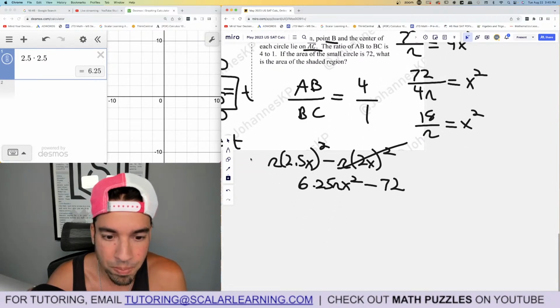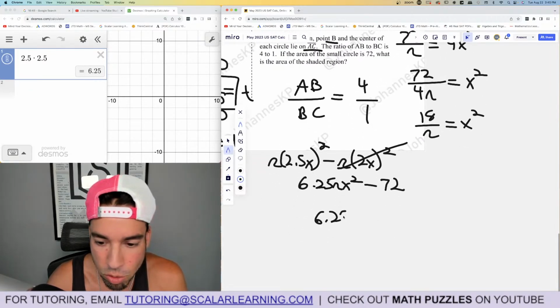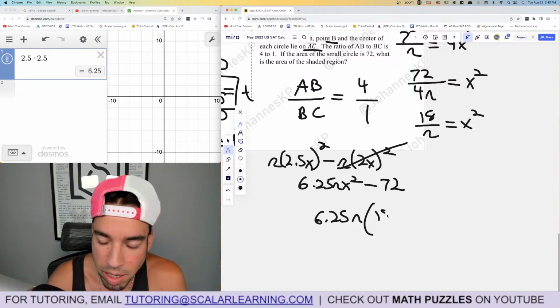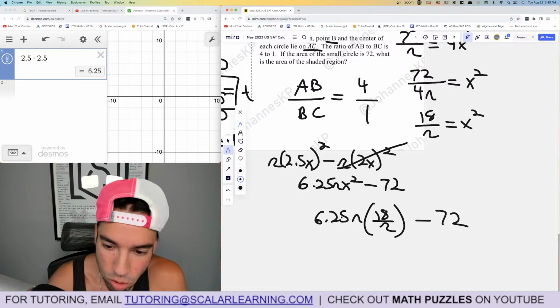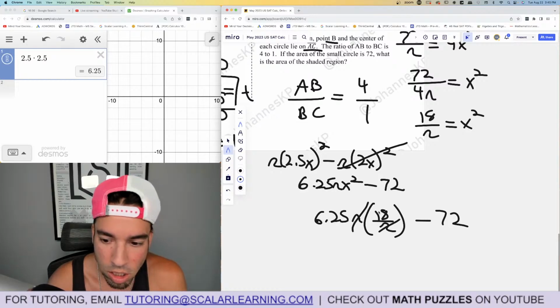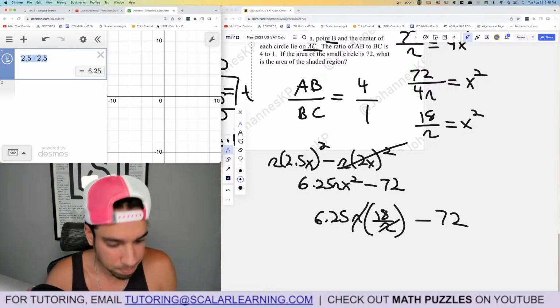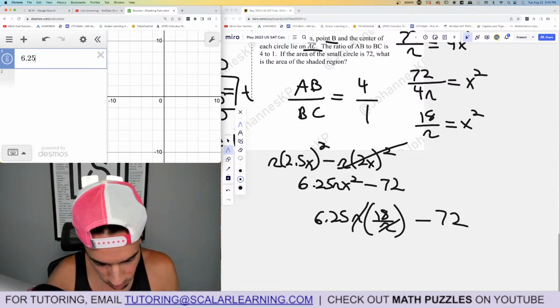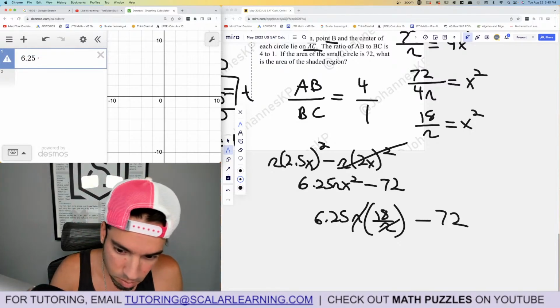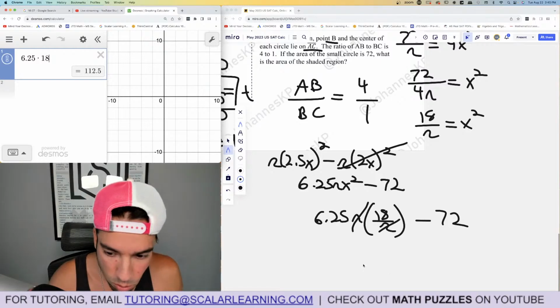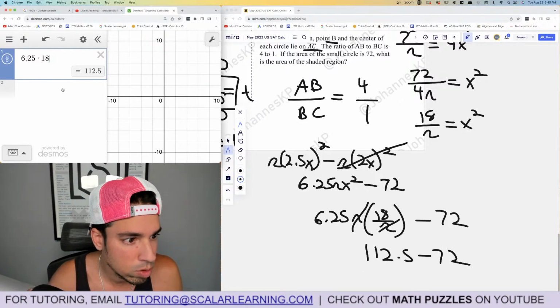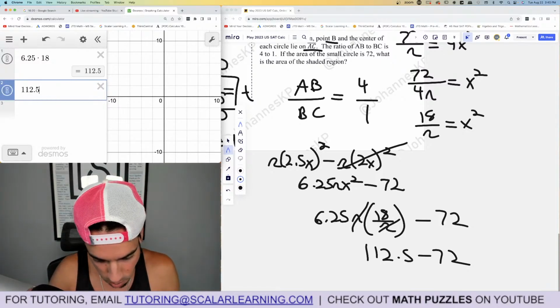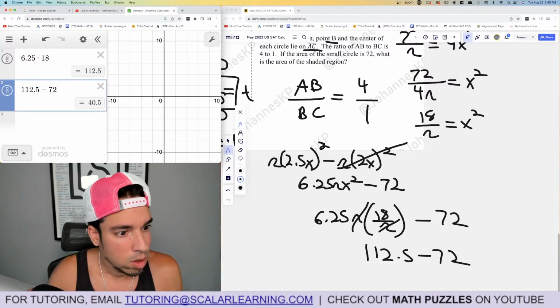So we got 6.25 pi times 18 over pi, that's x squared, minus 72, pi cancels. 6.25 times 18 is 112.5. So we got 112.5 minus 72. Should be 40.5.